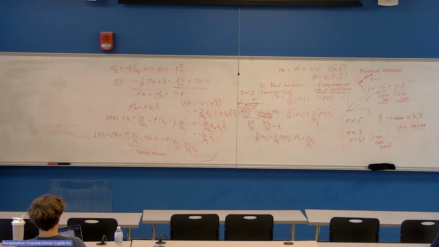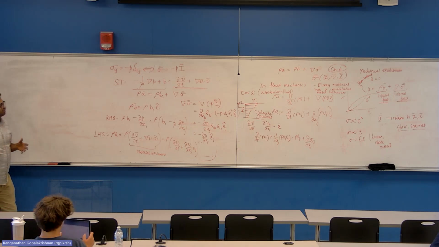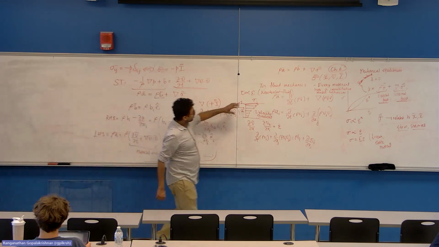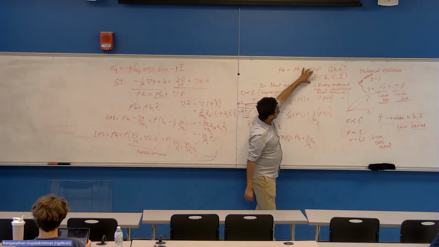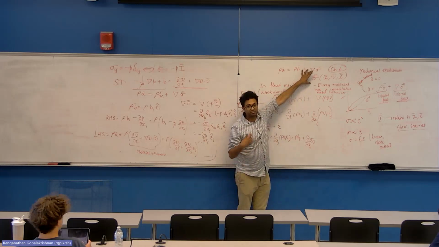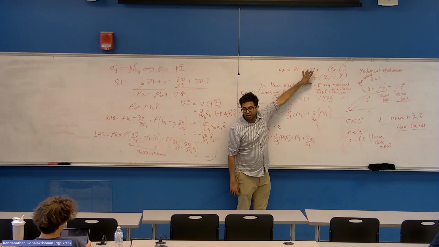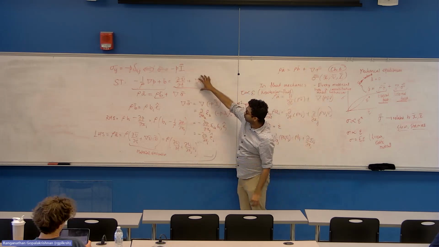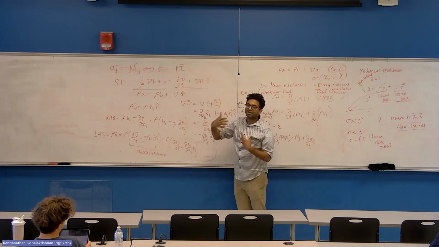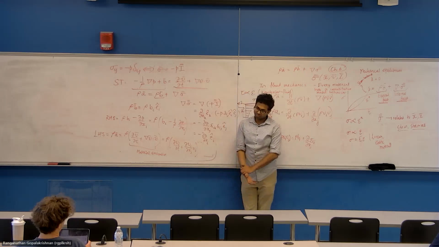So what is the type of problems that you can expect in this topic? Some kind of a constitutive law will be given. I will provide that in the question, and I will ask you to derive the form of the momentum balance for that type of material. That making sense?